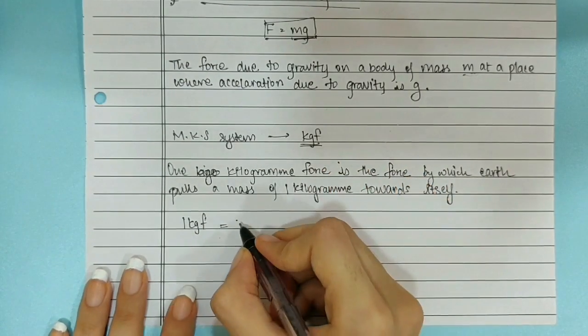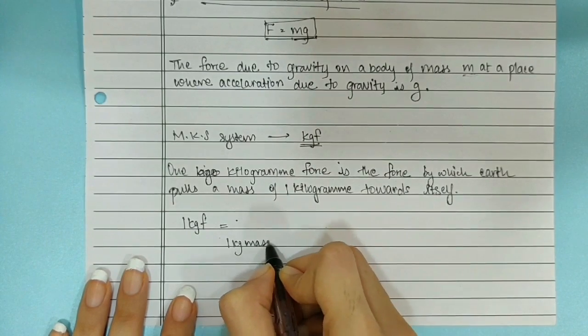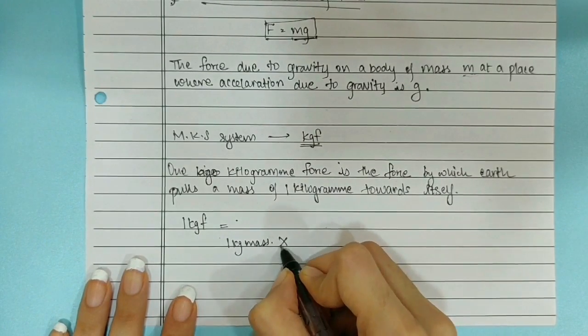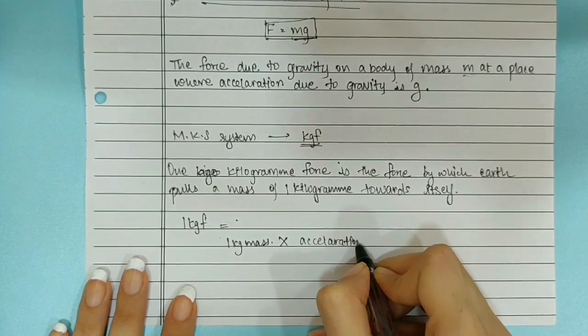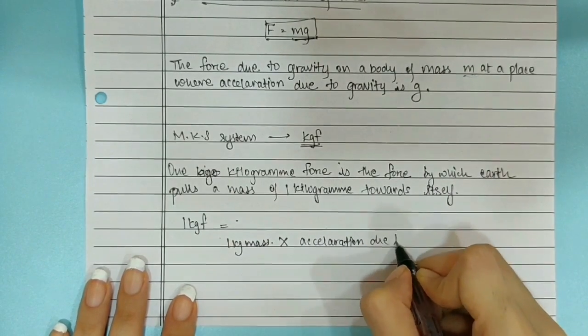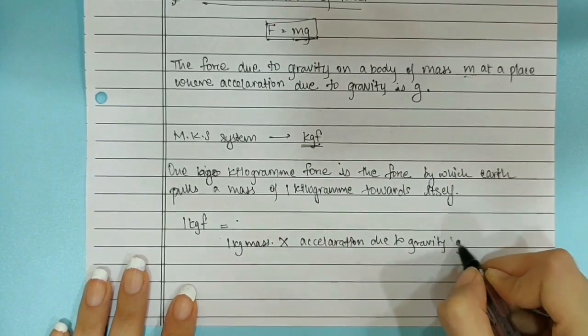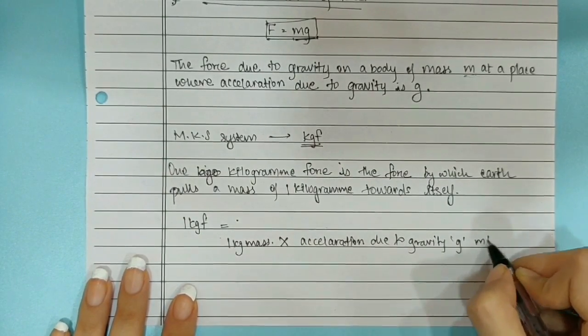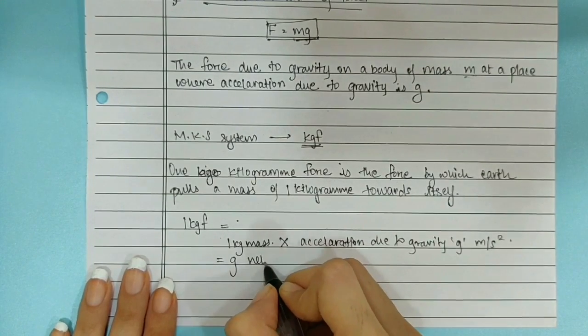That is equal to 1 kg mass into the acceleration due to gravity g meter per second square. That is equal to g Newton.